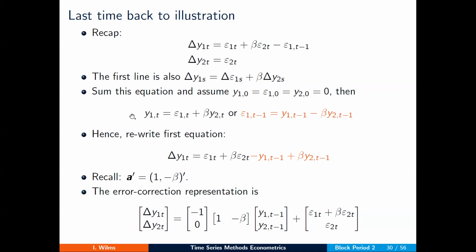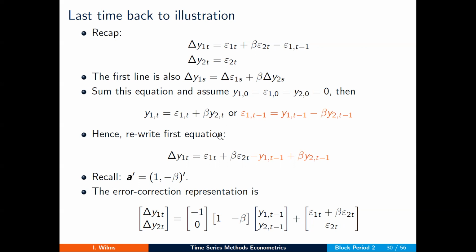Now this line, of course, holds for any time point t, so also for t minus 1. And I'm interested in this equation at time point t minus 1, since my first error term pops up in this equation at time point t minus 1. And I can then plug in my red expression to rewrite the first equation.